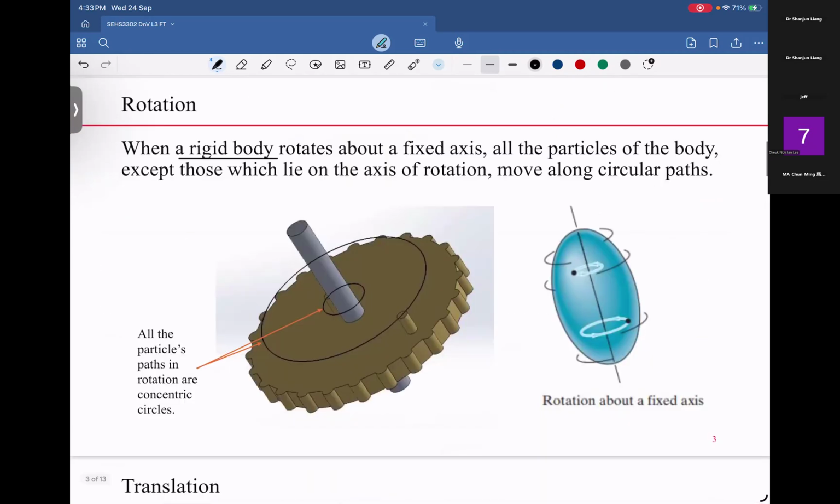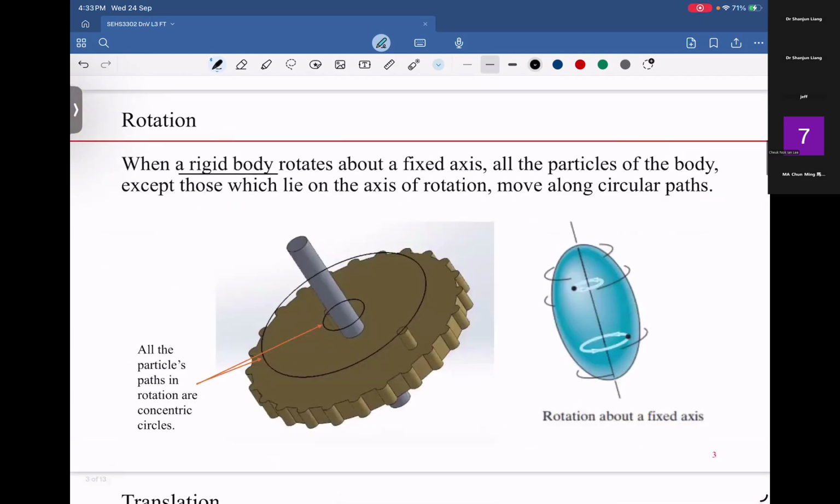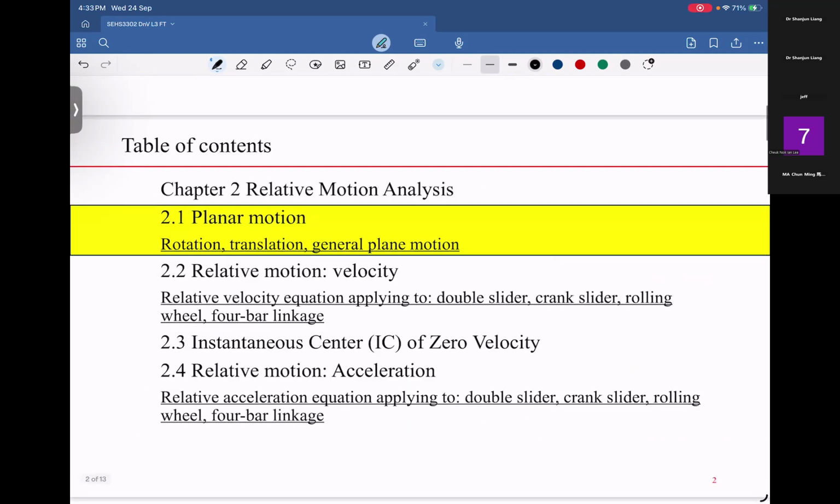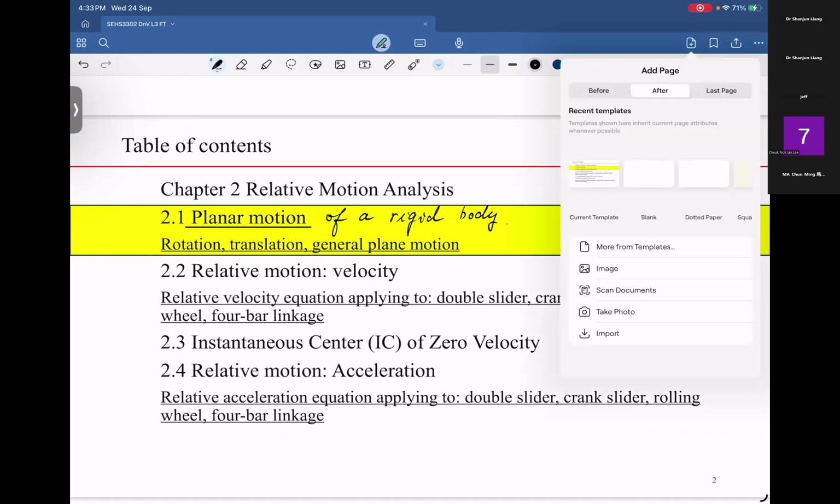And for the rigid body's planar motion, there are two types. Now we are talking about the planar motion of a rigid body, which is a body moving in a plane. It does not have an angle change, just moves in a plane.